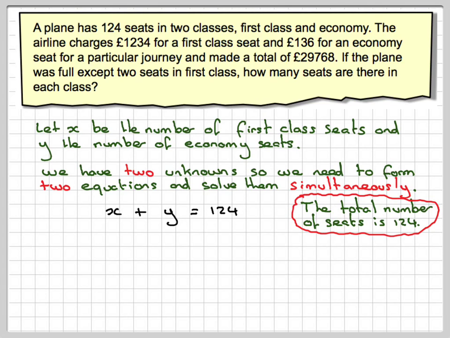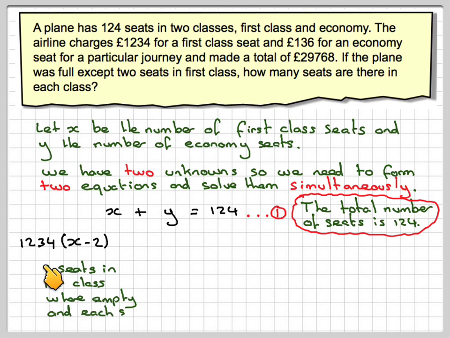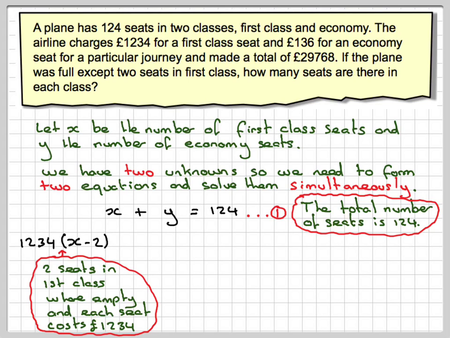Now we know that there were two seats in first class which were not occupied. Call that equation 1. So X minus 2, i.e. two seats in first class were not occupied or were empty. And then if we multiply that by 1,234, that's how much it costs for each seat in first class.